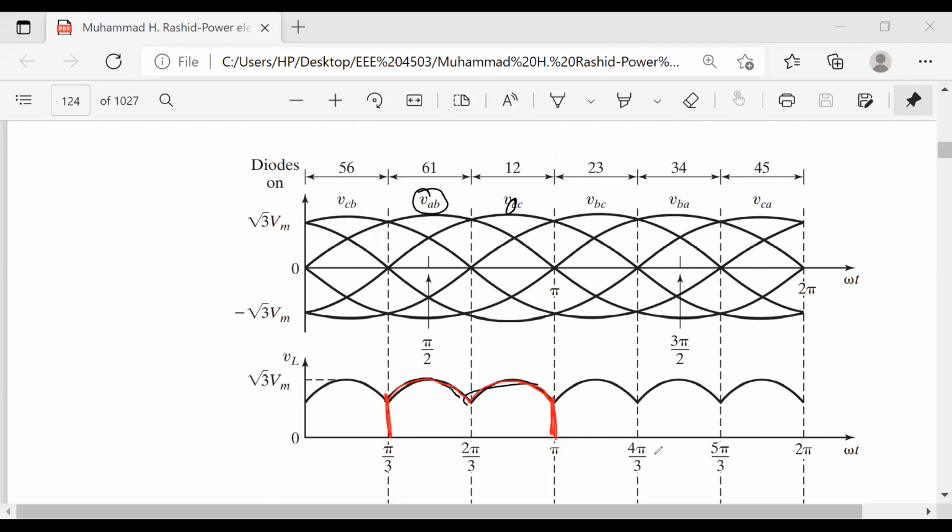And when it is returned, then it is BA, this one and this one. That means that will be your return path. So that will be your phase A. You understand it or not? You have to find out this is your A, this is your A, and also BA is the negative, A is the negative. So that will be your phase current.